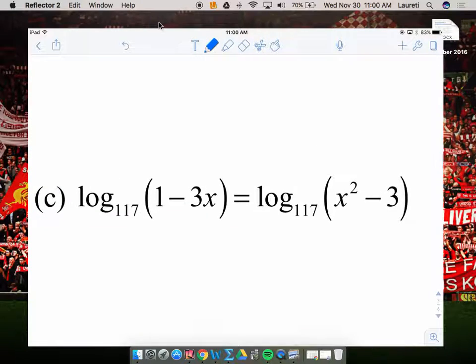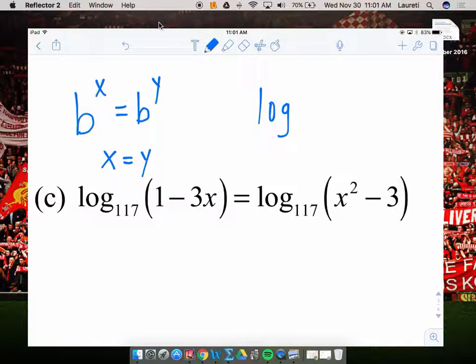All right, so you know how before, if we had 2 exponentials that were the same base, what did we say was true? The exponents were equal, right? So if you're taking the log, same base, they have the same base on both sides. What do you know then is true?